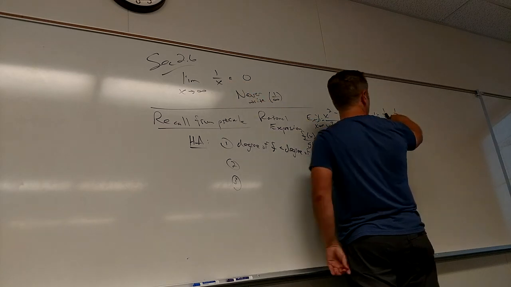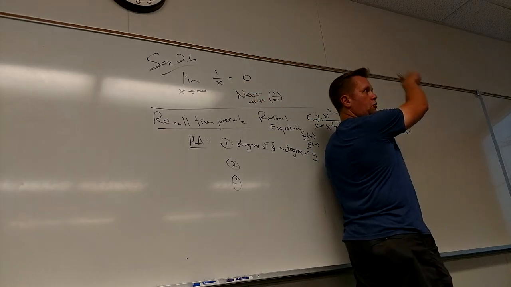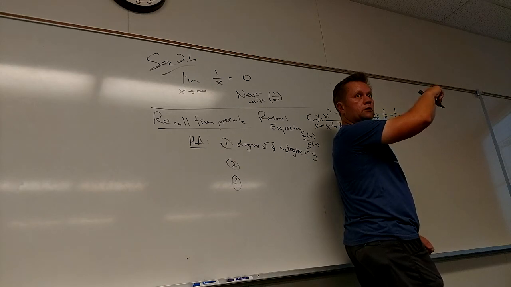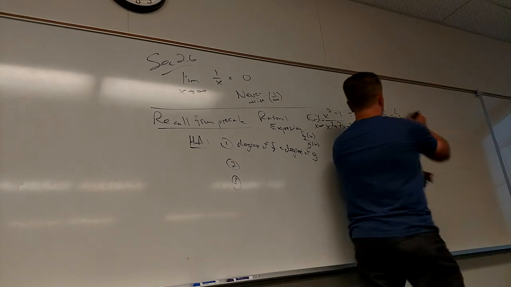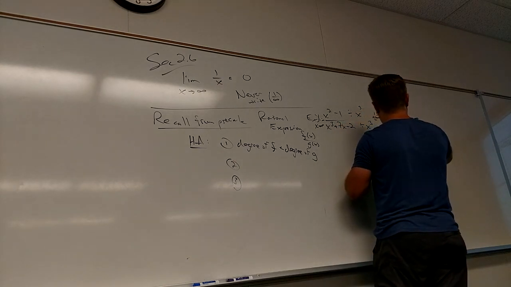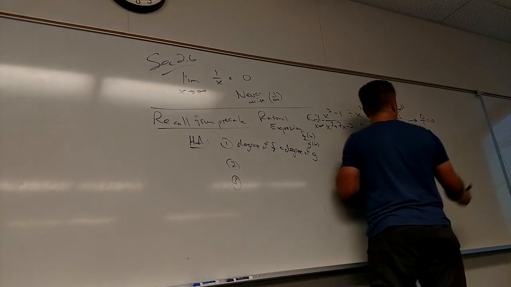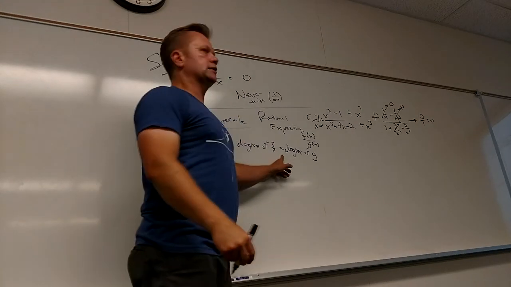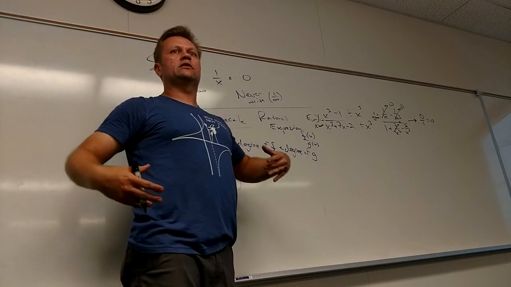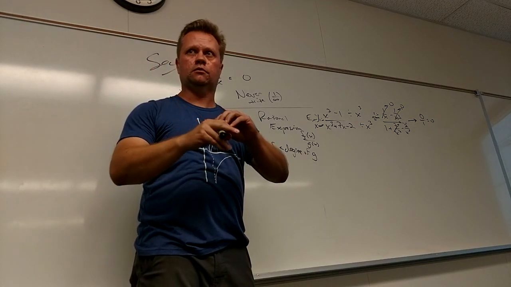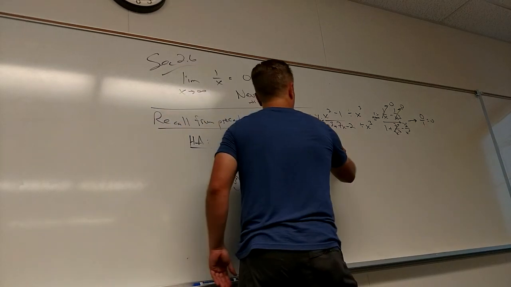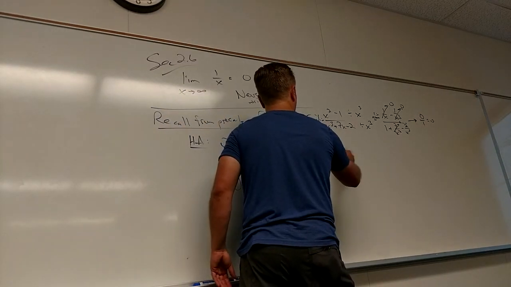As the bottom gets really freaking big, the whole thing is really freaking small. I'm dividing by bigger, I'm getting smaller. That goes to 0, that goes to 0, that goes to 0. So this goes to 0 over 1, which is 0. So in this case, the asymptote would be at y equals 0. The limit would be 0.